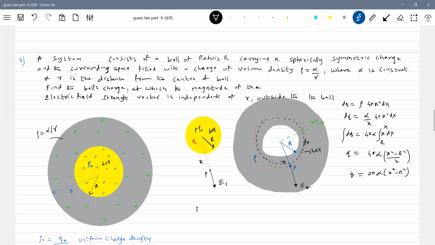Okay, the net field at point P, looking at here, somewhere here. And what is the net field at point P? Should be equal to E1 plus E2. What should be the E1?